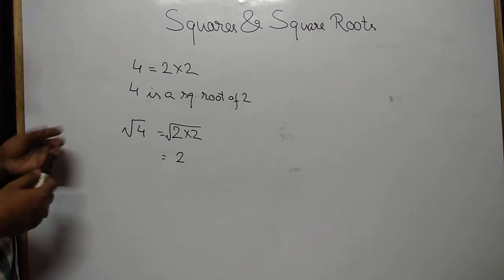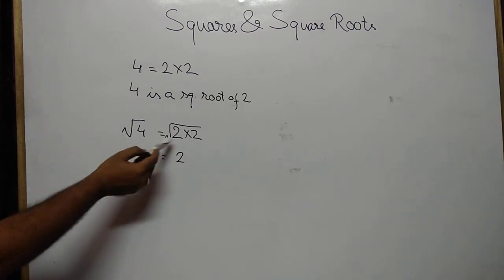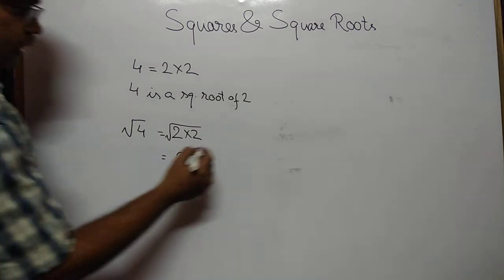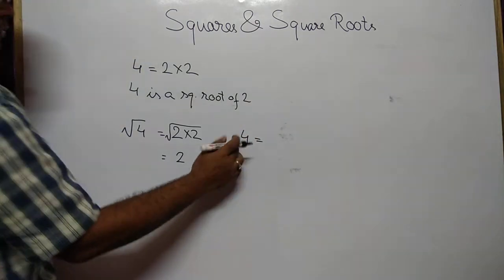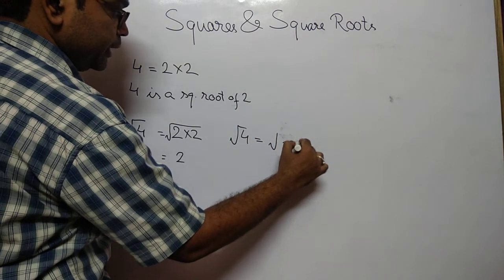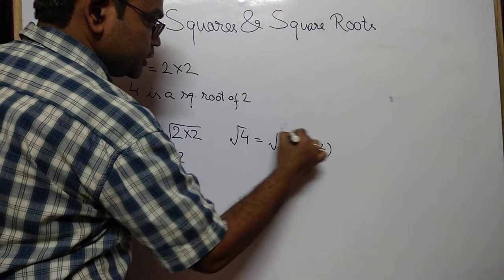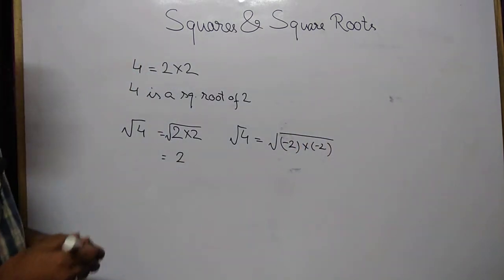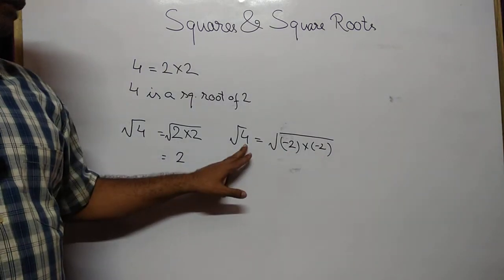Now square roots may be positive integers or negative integers. I am saying that 4 is the square of 2, and 4 is also the square of -2 into -2. So this is also true. Why? Because if you multiply -2 into -2, it's +4.